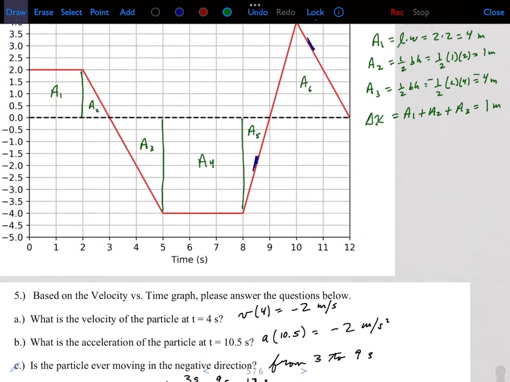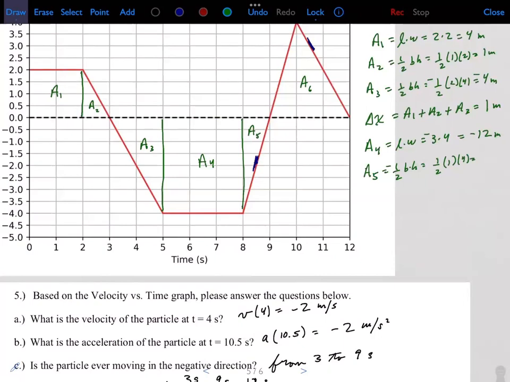Okay, so let me figure out A4. That is just a rectangle, length times width. So that would be 3 times 4, which is 12, but it's negative, right? This is negative. And then A5 is a triangle, so 1/2 base times height, but again, it's negative. So this would be 1/2 times 1 times 4.